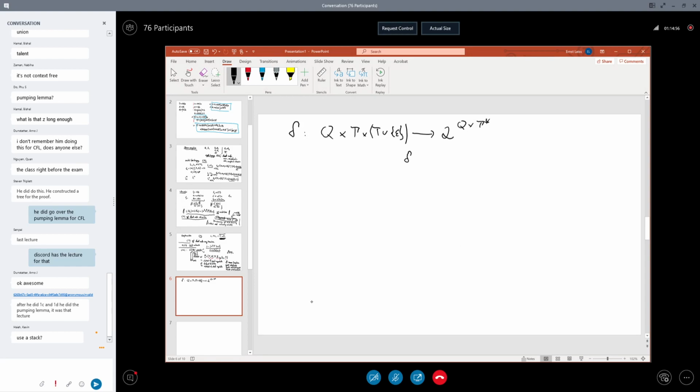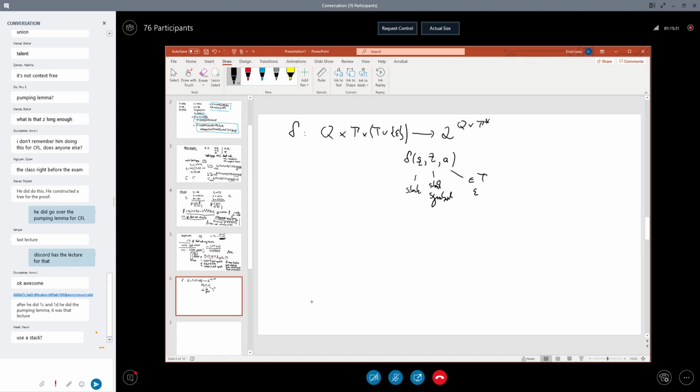So we have delta of a state Q and a stack symbol and an input symbol. So this is a state, this is a stack symbol, and this is either a terminal or epsilon. If this is epsilon, then that means we're not consuming anything.